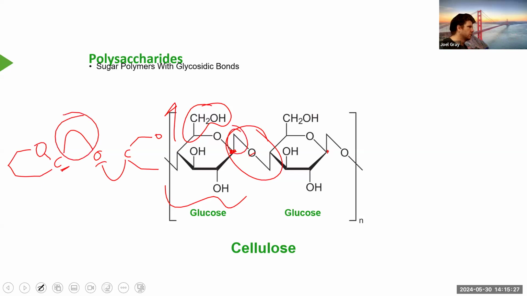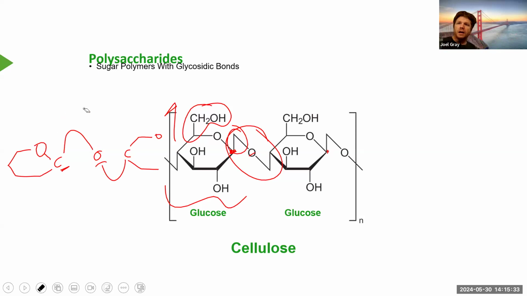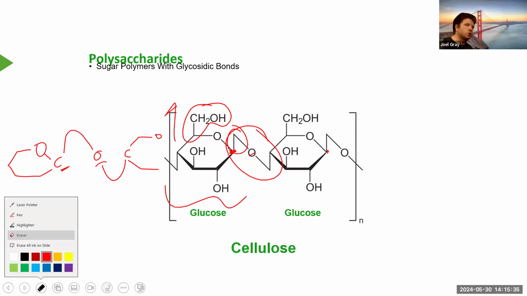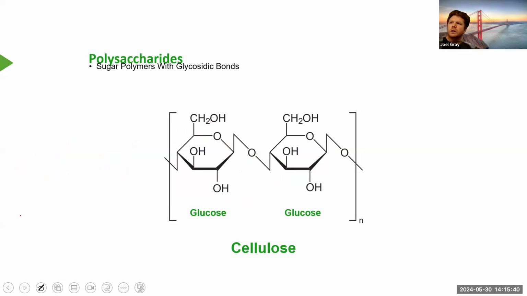Does that all make sense? We're not adding a carbon spontaneously in there. This type of bond is known as a glycosidic linkage. Now, this glycosidic linkage that exists between these two sugars is a 1,4 glycosidic linkage. Specifically, though, a beta 1,4 glycosidic linkage.